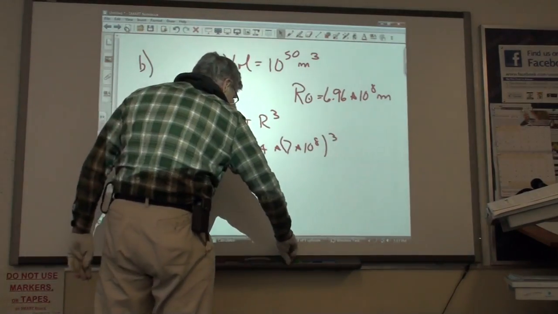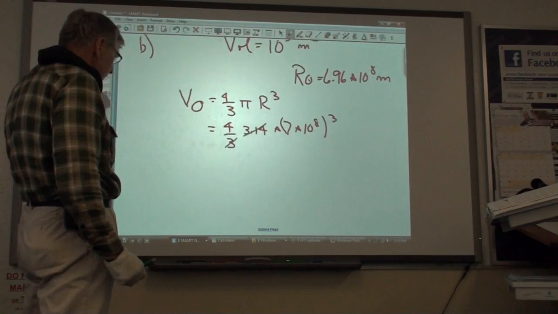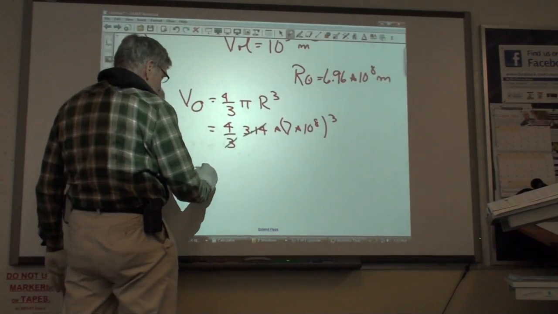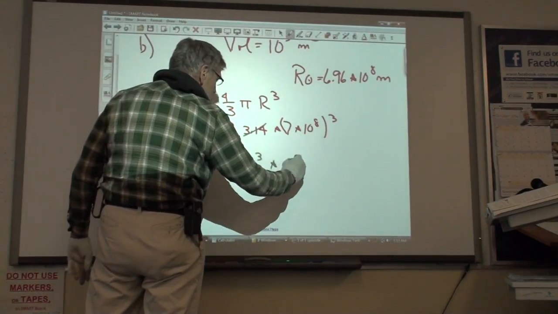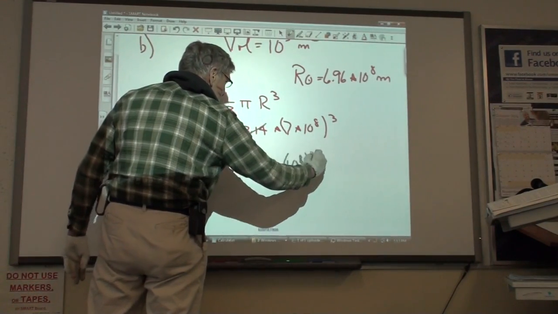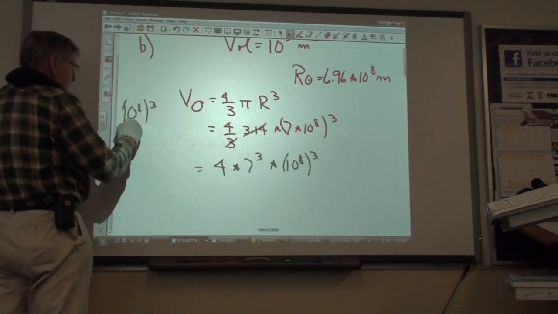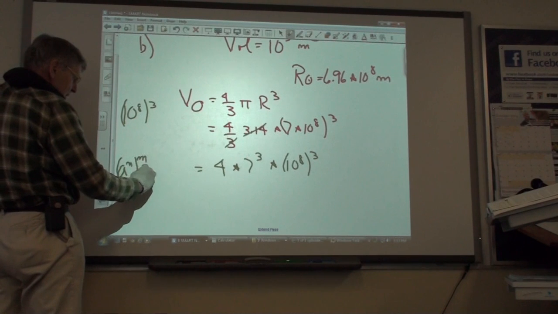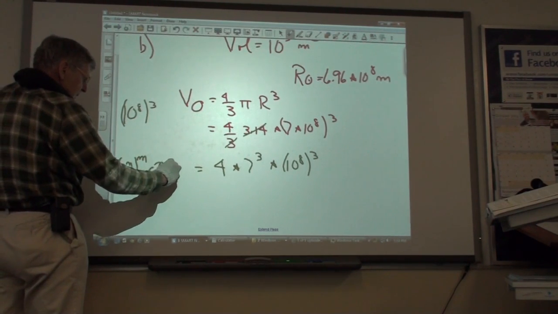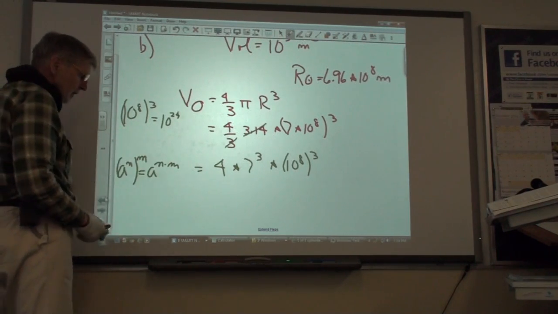Now, since we're doing rough approximations, we'll just take the 3.14 and the 3 to cancel out. So we're left with 4 times 7 cubed times 10 to the 8th cubed. Now, 10 to the 8th cubed is an example of a to the n to the m, which is equal to a to the n times m. So this is equal to 10 to the 24th.